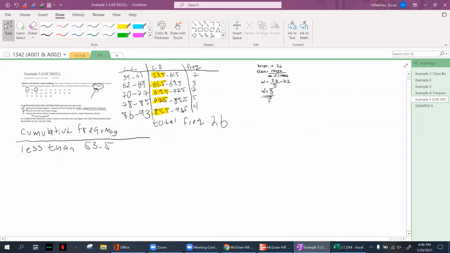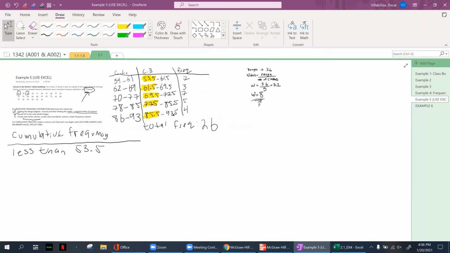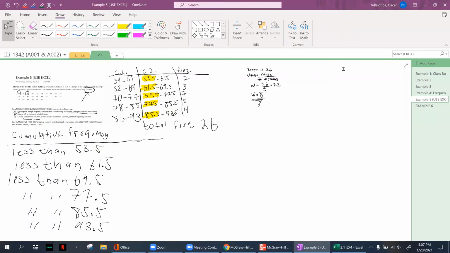You're then going to create another row that says everything less than 61.5, and of course, less than 69.5. And we're going to do some magic here again. Ta-da. There we go. Less than 53.5 all the way up to less than 93.5.